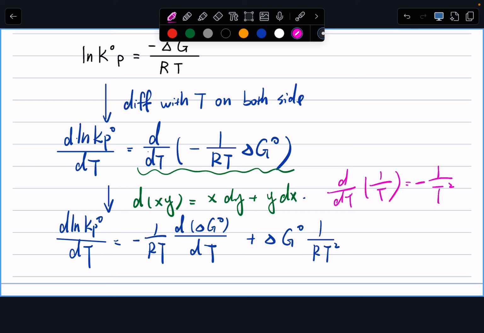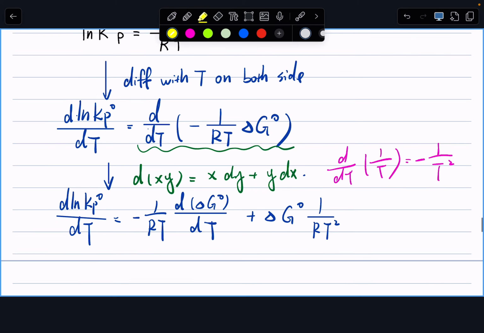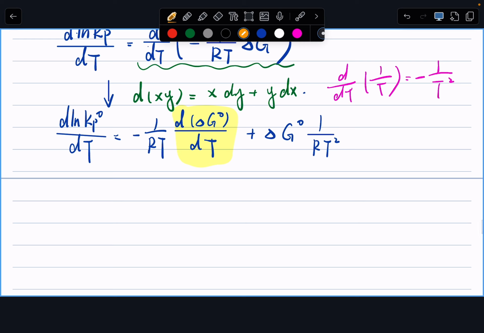So far, so good? Now, what is this term? The right term, let's just leave it for now. Let's focus on this term here: what is my delta G naught? Again, my delta G naught at that certain temperature is the sum of my stoichiometric coefficient times the standard molar Gibbs free energy of each species.